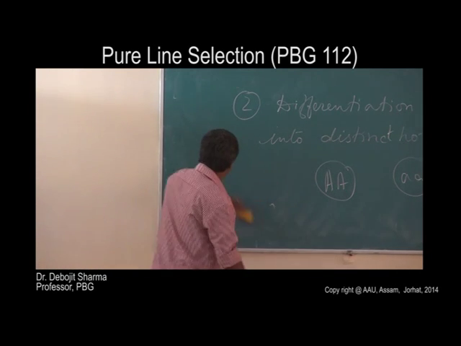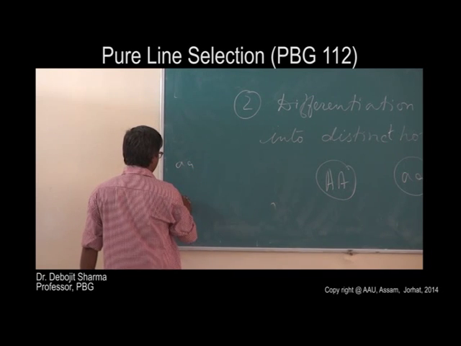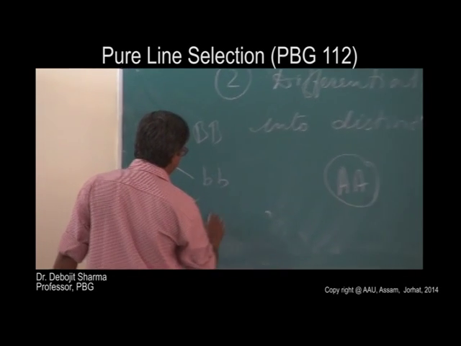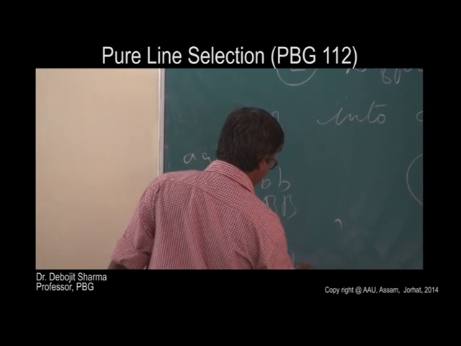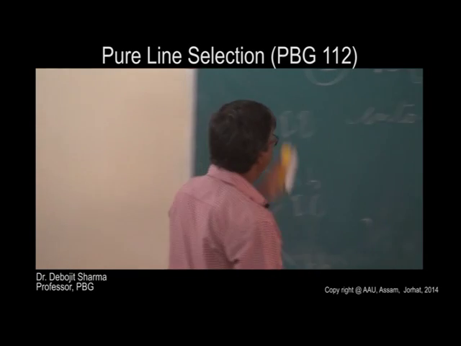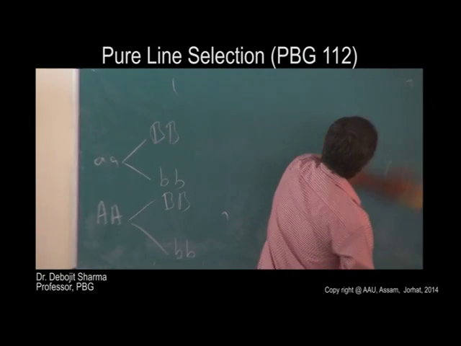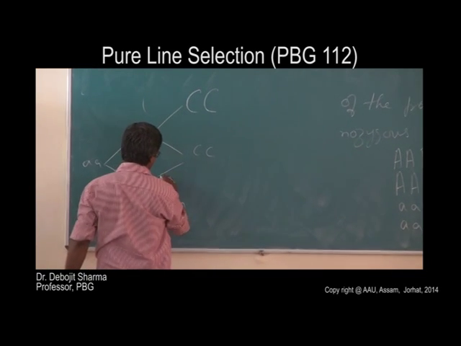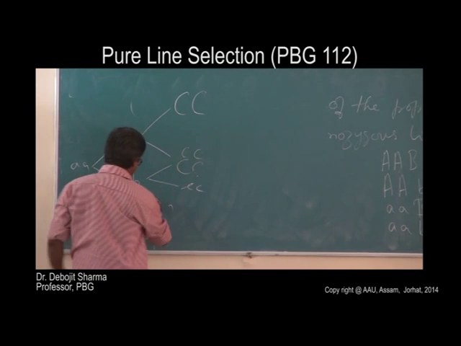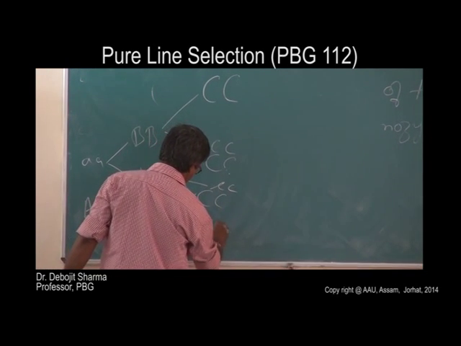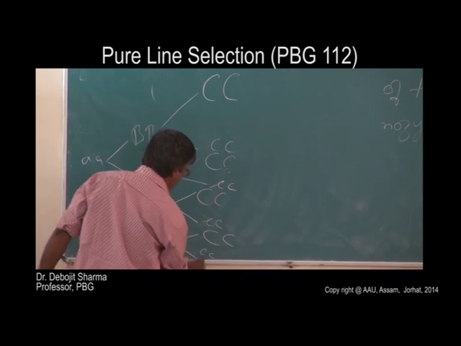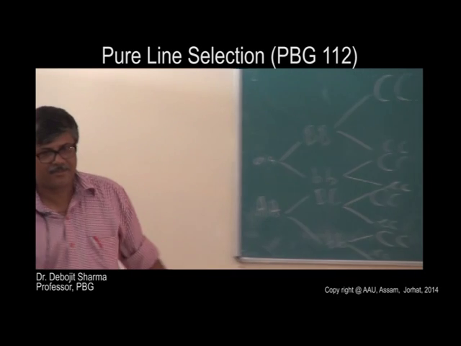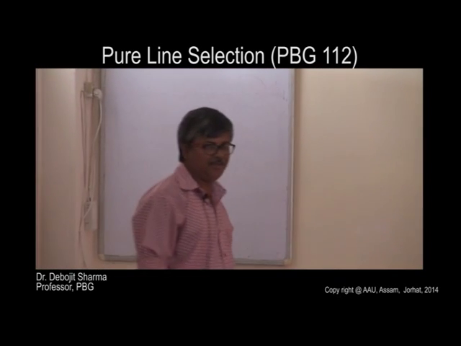So you can also work it out like this. So this will be small a, capital A. If there is a third gene, how many homozygotes? 8.